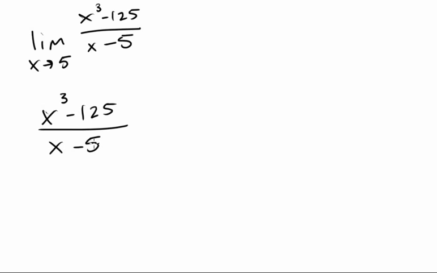So that means in order for us to solve this, we need to rewrite this in a way that the denominator goes away, or at least is no longer equal to 0. Like in the problems we solved before, usually the way that worked out is that there was a factor in the numerator that was equal to the denominator and they canceled out. Now, you may know how to factor the difference of two cubes.